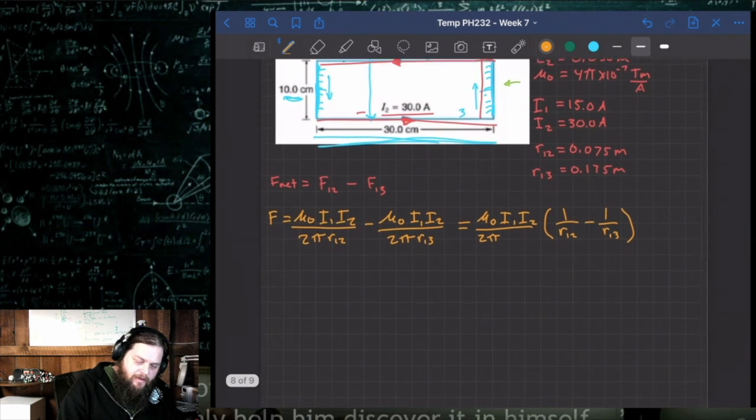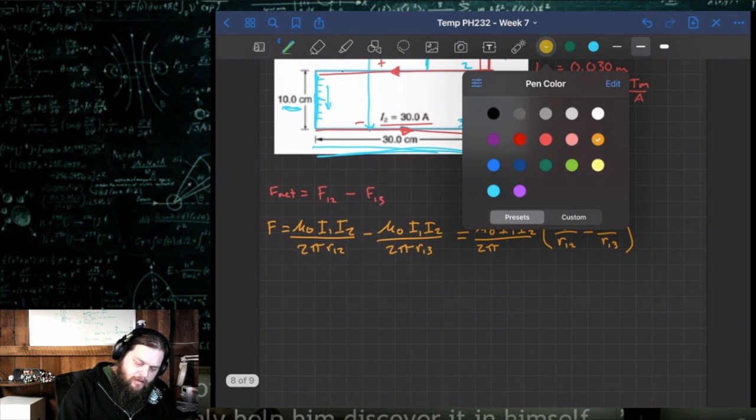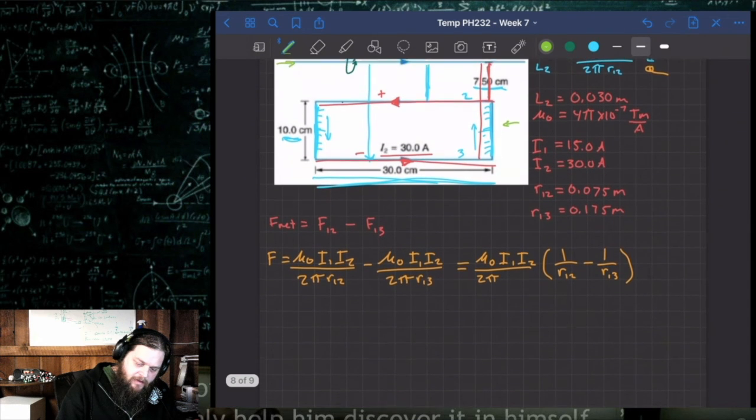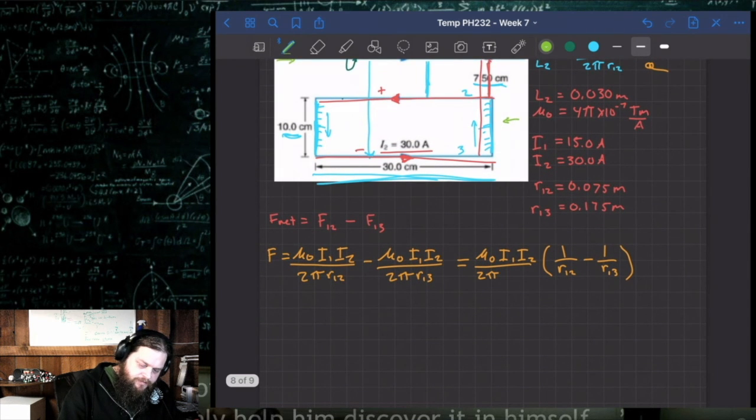Plugging in values for these now. I can say mu naught is equal to 4 pi times 10 to the negative 7 Tesla meters per amp. Current 1 was 15 amps.